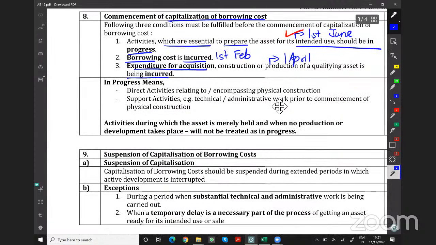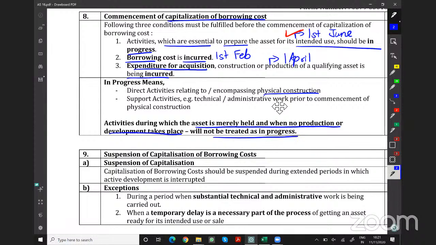Sir, in progress means direct activities relating to physical construction, and supporting activities like technical and administrative work, the blueprint of the building and so on. Activities during which the asset is merely held, and no production or development takes place, will not be treated as progress.